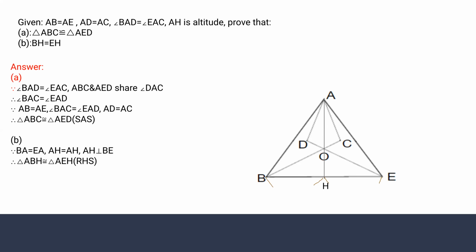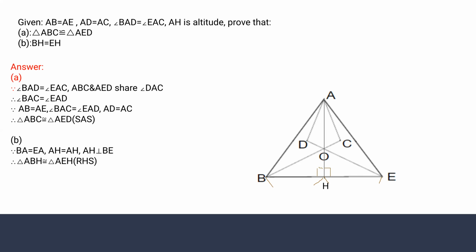And the altitude will divide this triangle into 2 congruent parts. Because AB equals AE, and ABH and AEH share the same side, which is AH, and the angles here are 2 right angles, we know that AEH is congruent with ABH.